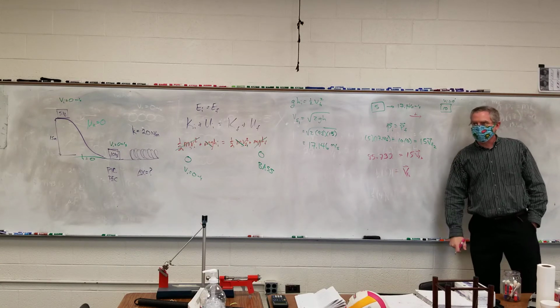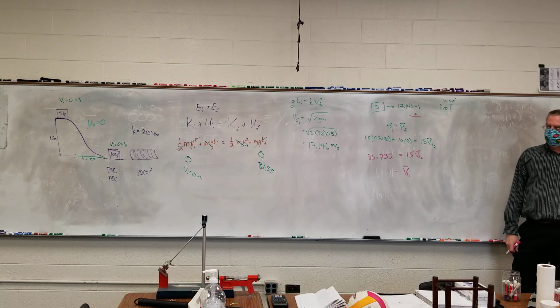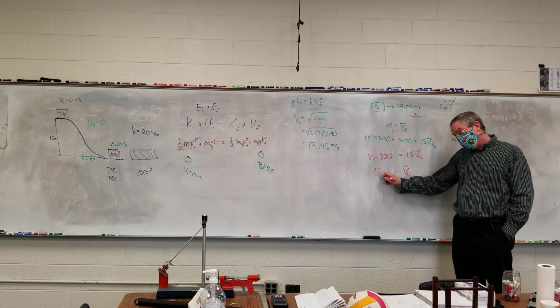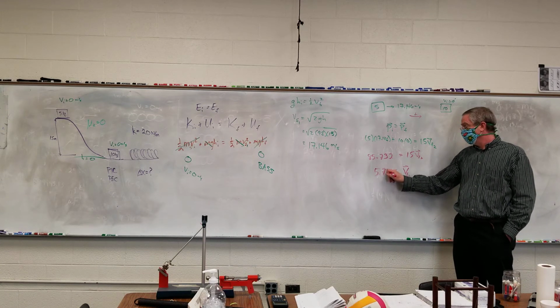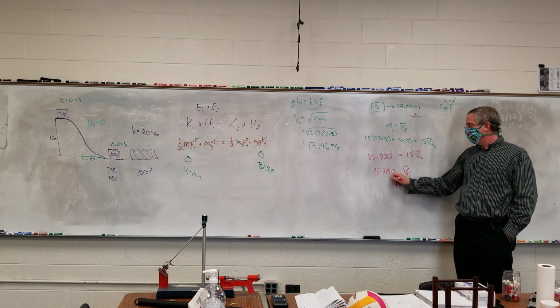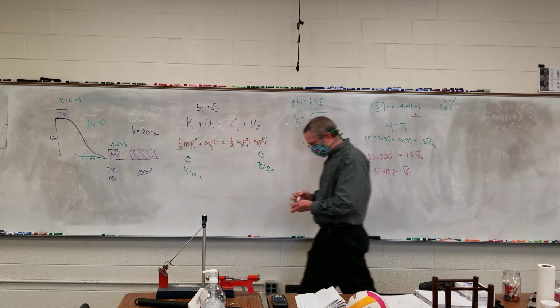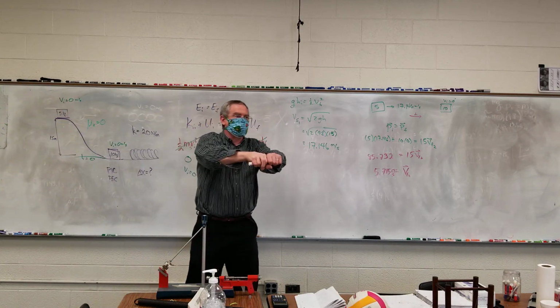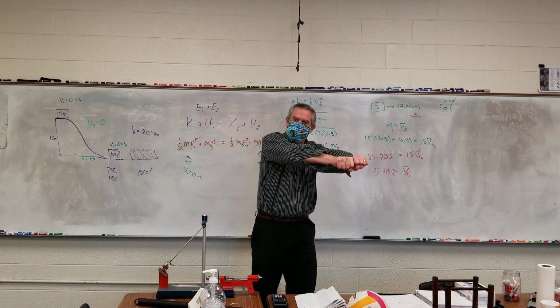And so what's my final velocity? 5.715. And that's meters per second. So the 5 kilogram comes down, smacks into the 10 kilogram, they now move together and they hit the spring.